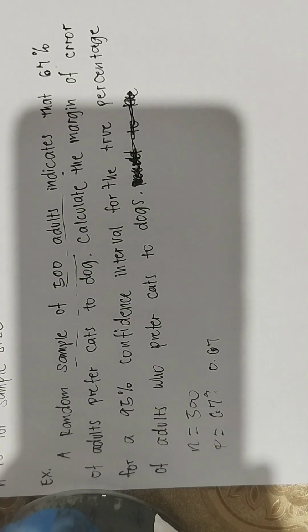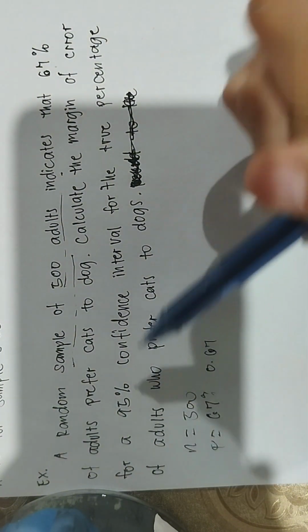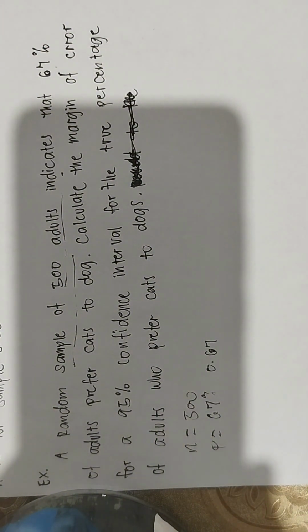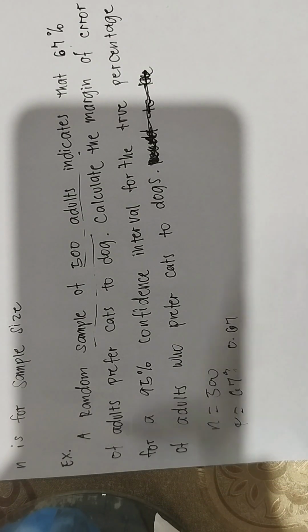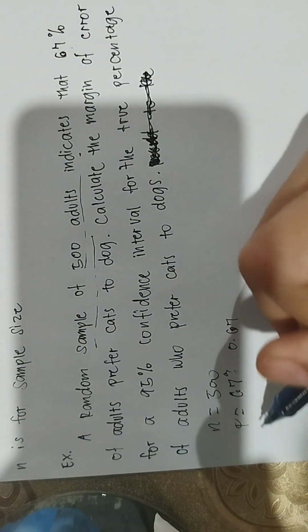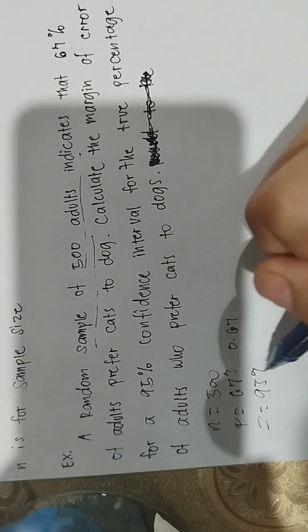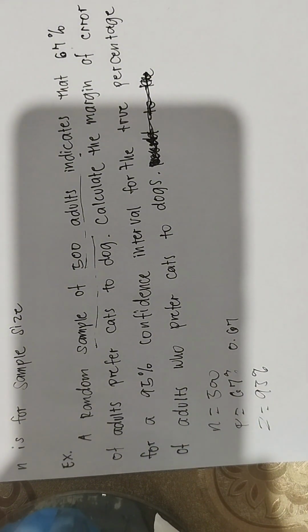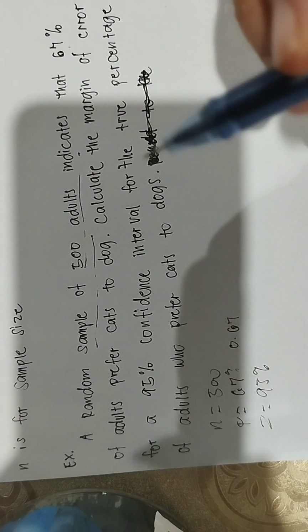Then, sunod kay ang ato ang confidence interval. Ato ang confidence interval is 95. So, itong Z kay 95%. So pangitaon na ito na siya dito. So, ang confidence interval niya kay 1.96.